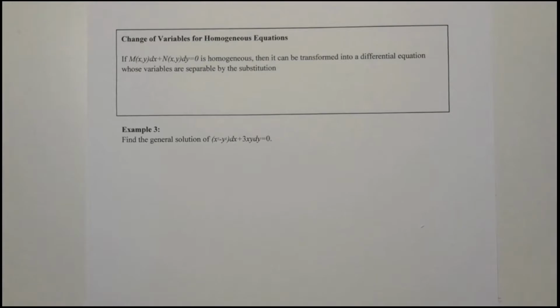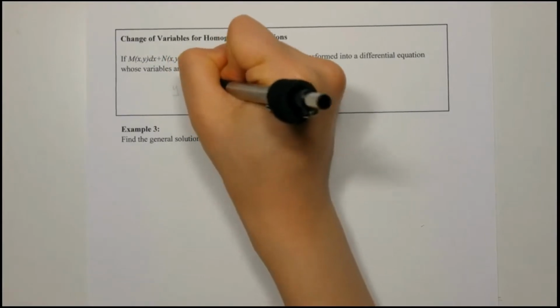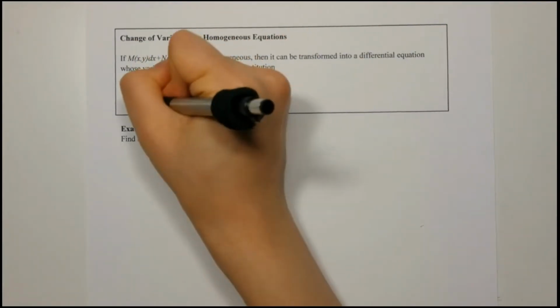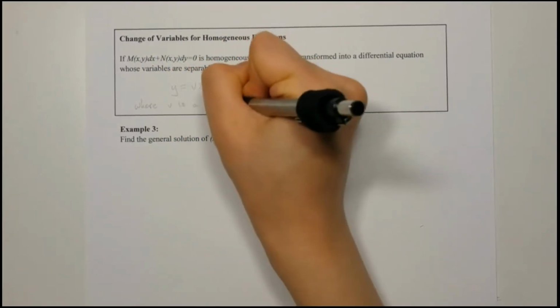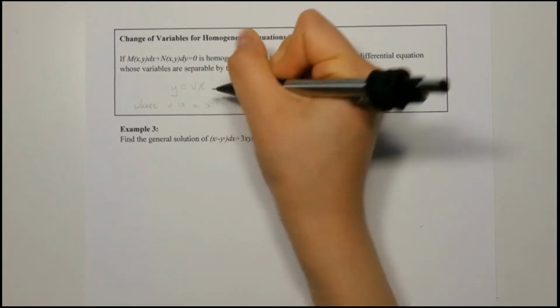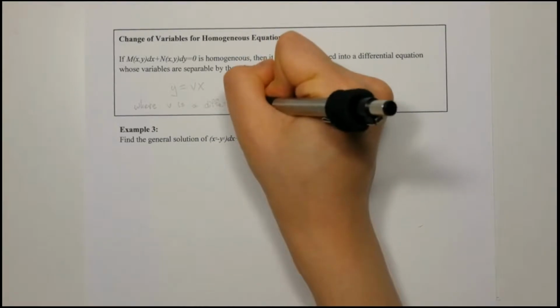So for homogeneous differential equations, it can be transformed into a differential equation whose variables are separable by the substitution of y equals vx, where v will be a differentiable function of x.